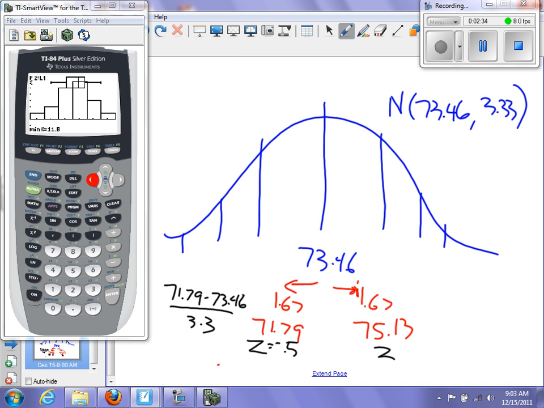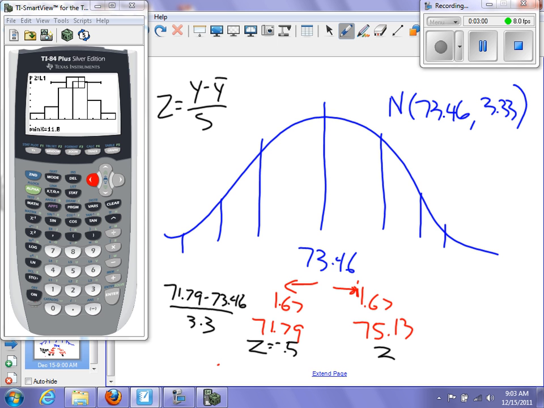Okay? I had my z equals y minus y bar over s, right? Our trusty formula. So there's our y, because we just calculated it. There's our mean, our y bar. There's our standard deviation. It gives us a z-score of negative 0.5. Everybody okay with that?